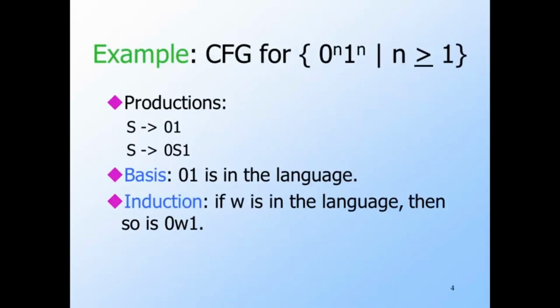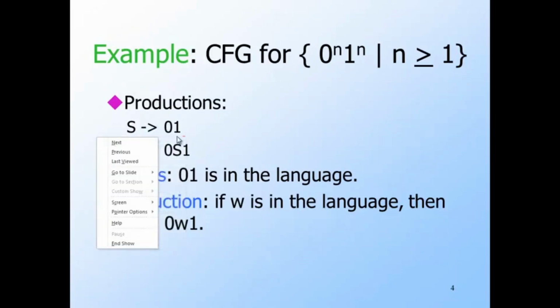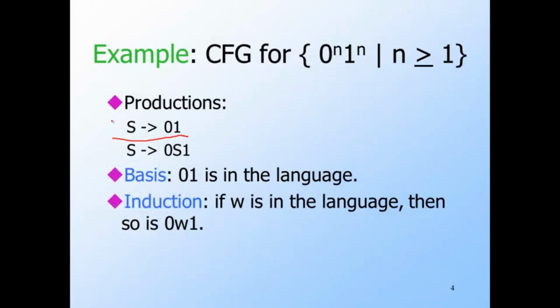For our first example, let's consider the language that we showed not to be a regular language, the set of strings of the form n zeros followed by the same number of ones. Here is a grammar for this language. There are two productions or rules and only one variable S. The first production is a basis rule.